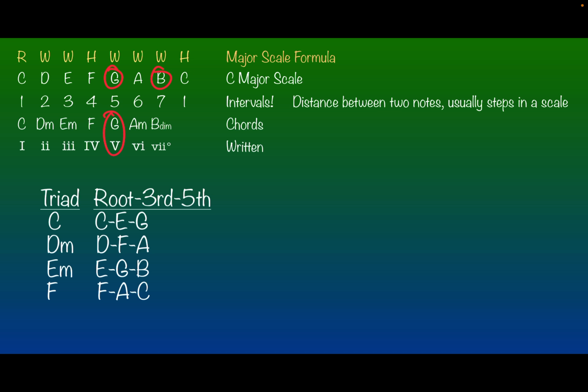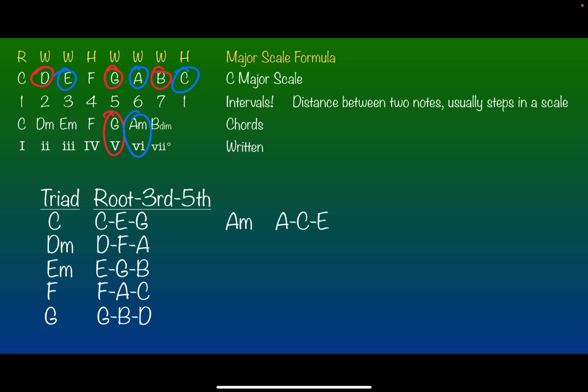G is the 1, B is the third, and the fifth would be D. So G major, the notes you would need, G, B, and D. A minor, the 6th chord, root is A. I know you're figuring this out by now. The third from A is C, and the fifth from A is E. A minor, A, C, E.